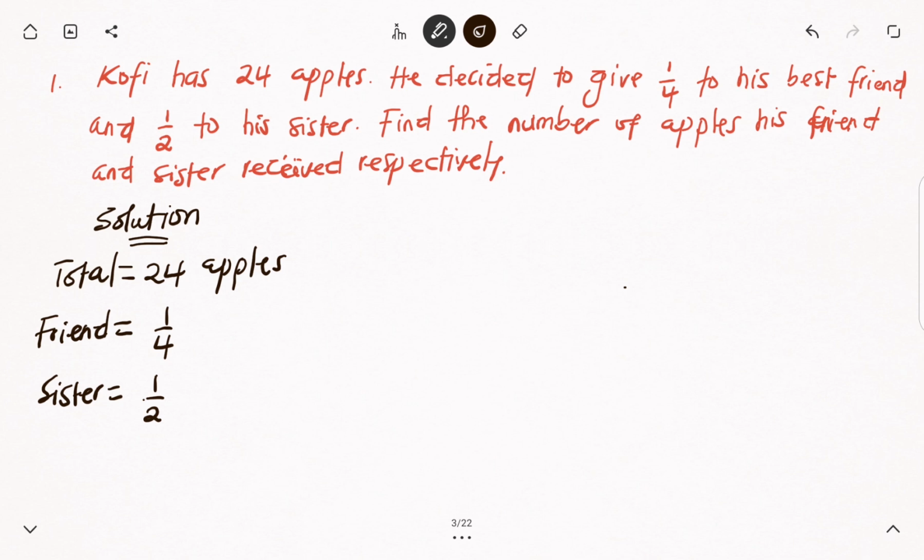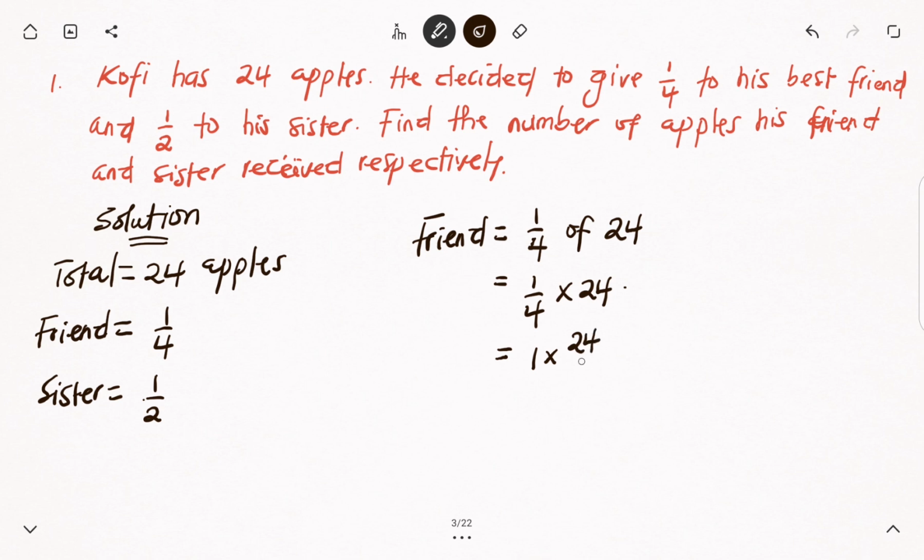Now, if you look at it, the amount that the friend will receive, that will be equal to 1/4 of the total, which is 24 in this case. So the friend will receive 1/4 multiplied by 24, and as we saw earlier on, we maintain the 1 here multiplied by 24, then we bring the 4 under the 24, and then we have that over here.